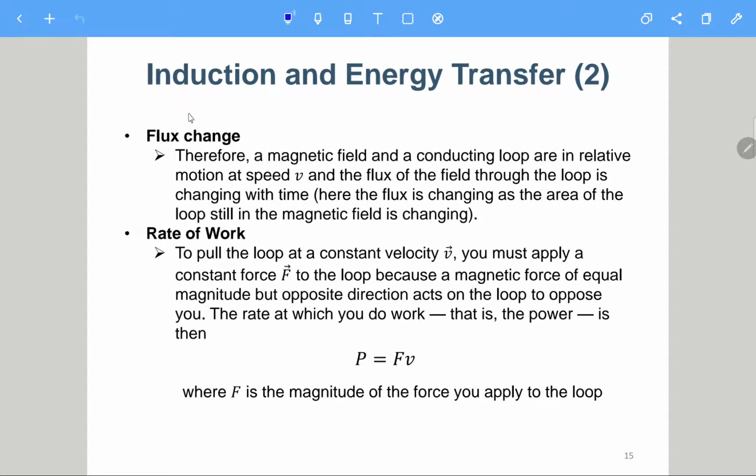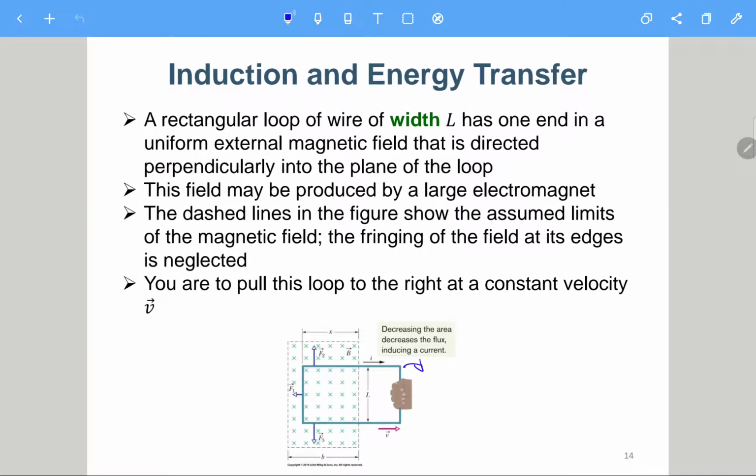There will be some flux change, because you can imagine at this moment it will look like this, and at the next moment it will look like this. At the first moment there may be 1, 2, 3, 4, 5 columns, and later something like this, because v is pointing to the right side.